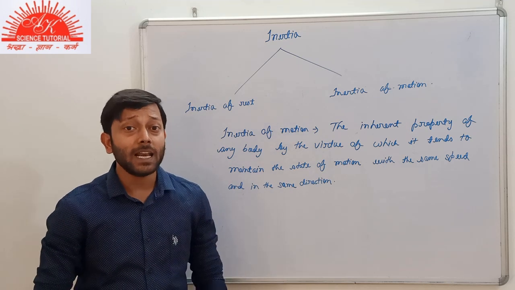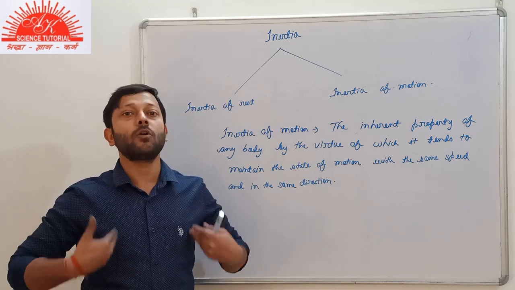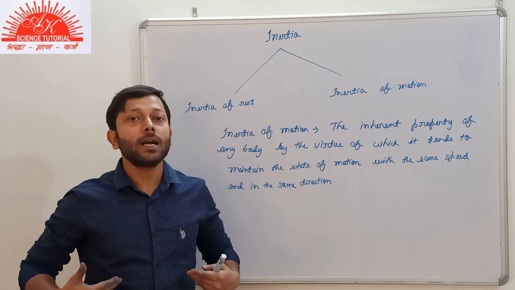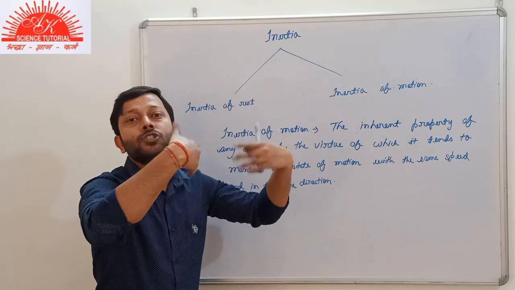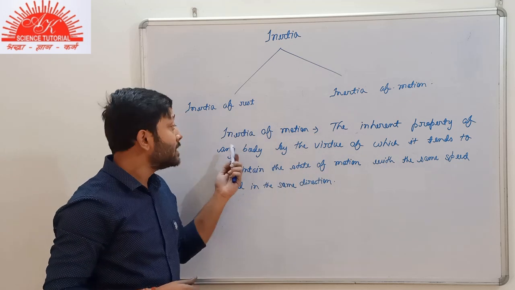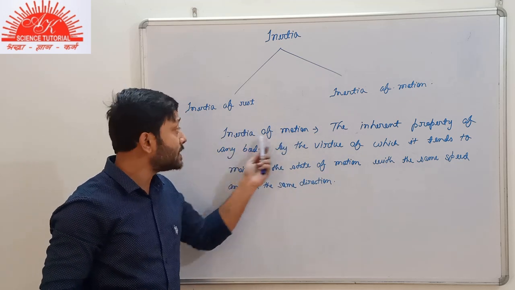But the upper part is still in the direction of motion with the train. What is the reason behind that? That is inertia of motion.